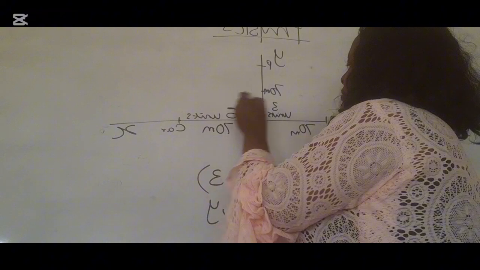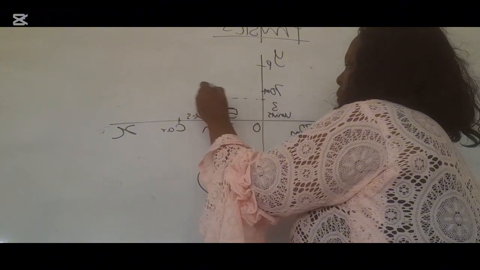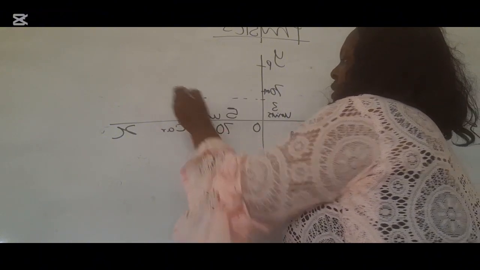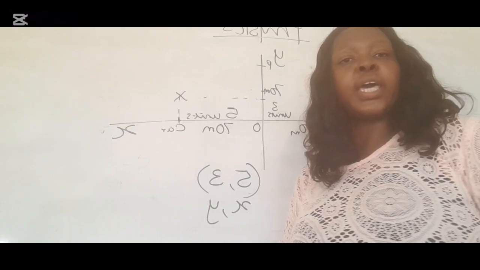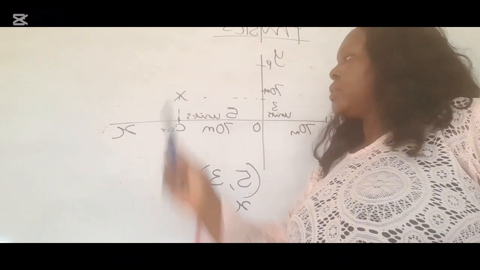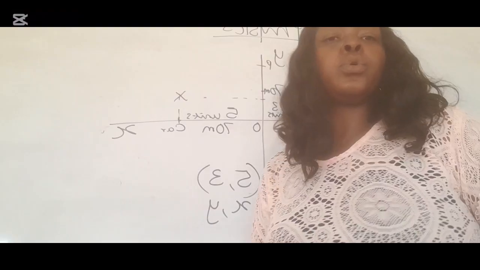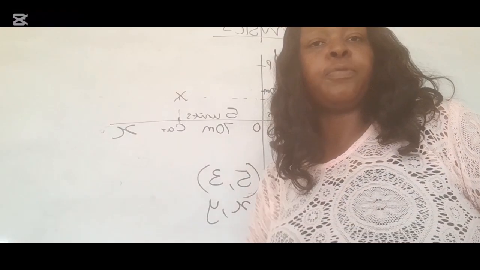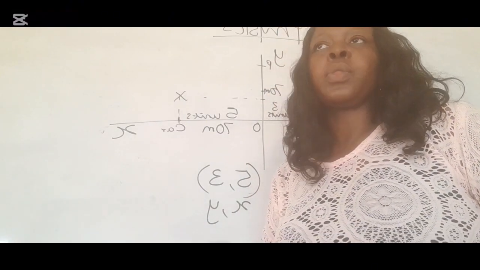So when 5 and 3 meet, we can locate the position of the car as being at this point.